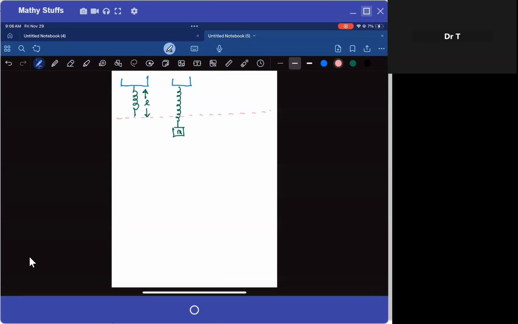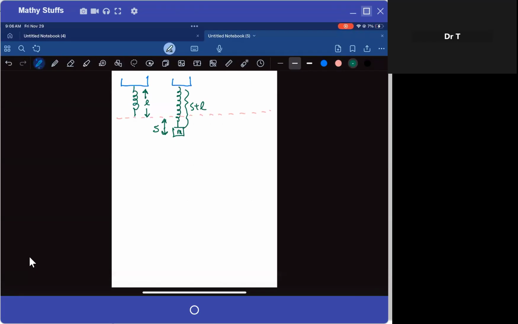Let's say that when I attach that mass, it pulls the spring S units down. So this distance to the center of the mass is S units. So right now this whole spring is S plus L units long, and the system is at equilibrium.